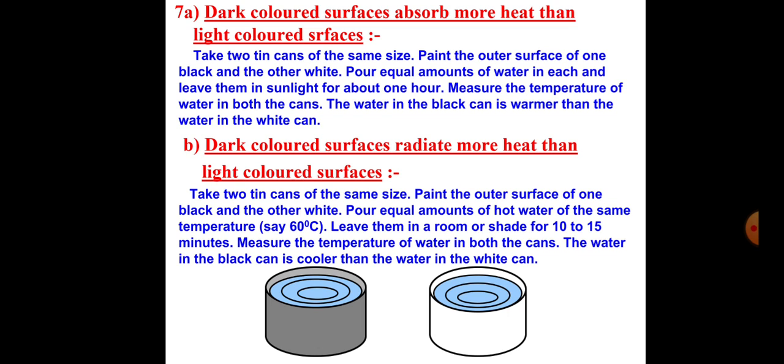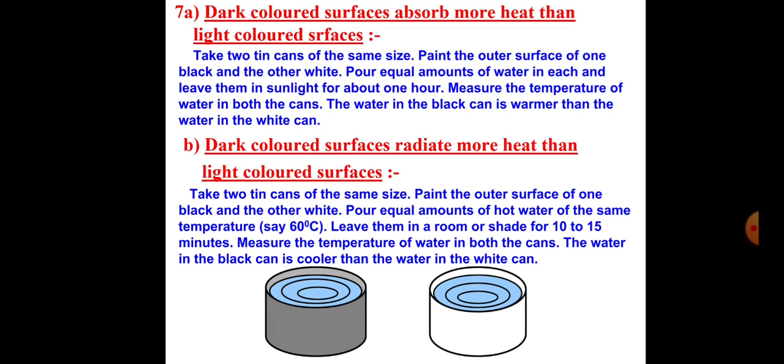Pour an equal amount of water in each and leave them in sunlight for an hour. Now measure the temperature of both cans. The water in the black can is warmer than in the white can. It shows that dark color absorbs more heat than light color.